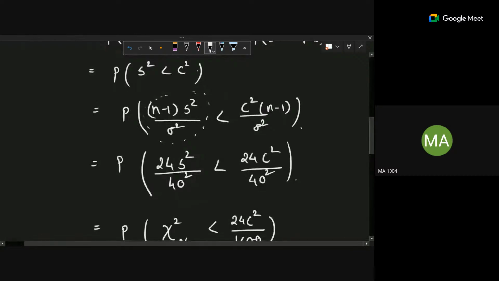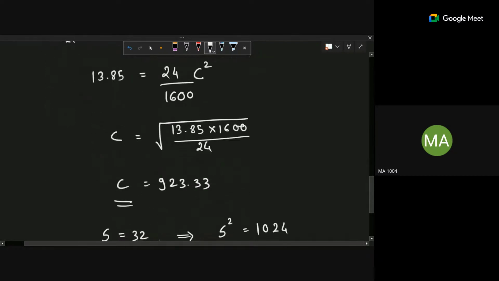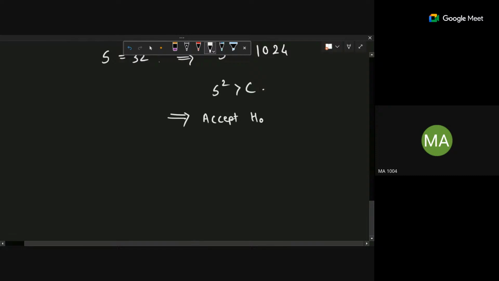So using the CDF of the chi-square distribution, we found the value of C, and that came out to be 923.33, which is less than S square. So we will accept the null hypothesis, right? Accepting the null hypothesis means that the standard deviation is actually 40 grams.